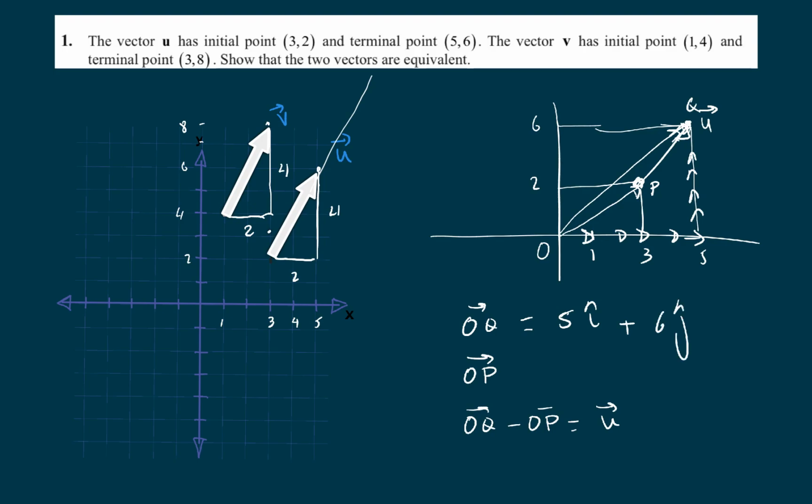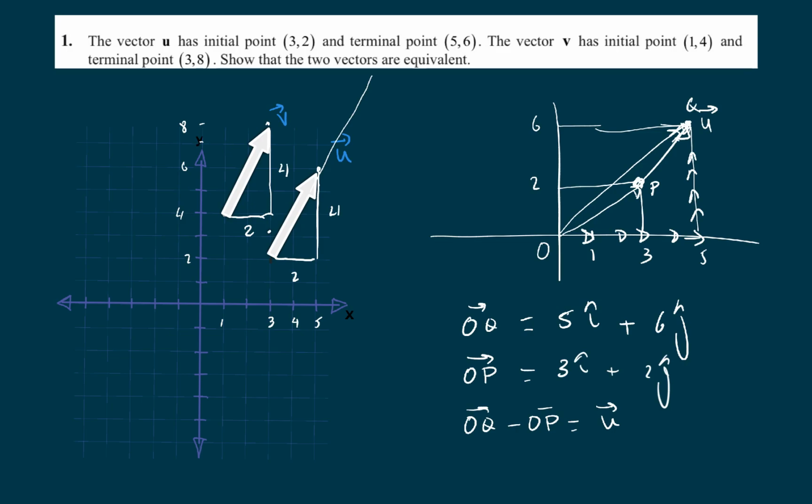So this is the vector OQ. What is the vector OP? The vector OP goes from here to the point P. The point P is 3, 2. So the vector OP is 3i plus 2j.